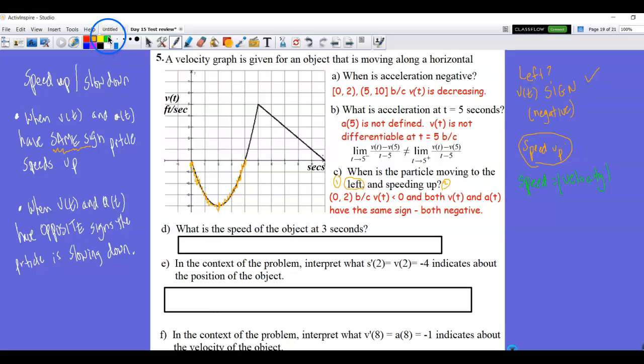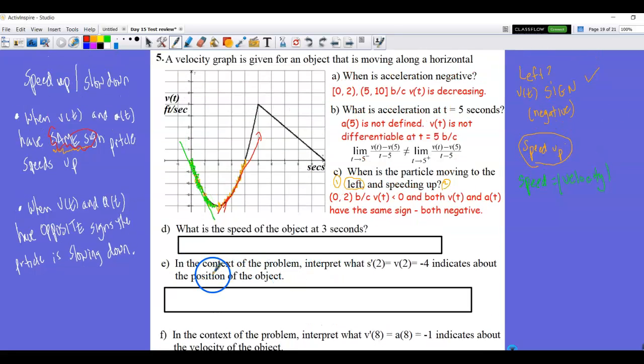So in this first region, we already know the velocity is negative, but since velocity is decreasing, the slopes of the tangent lines would be negative, therefore acceleration is negative. On the other side, the slopes of the tangent lines are positive, so velocity is negative in this region, acceleration is positive, so the particle is slowing down. Same sign of velocity and acceleration, we're speeding up. So just stick that away. You will be using that.